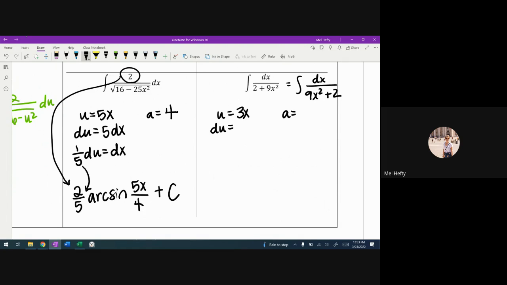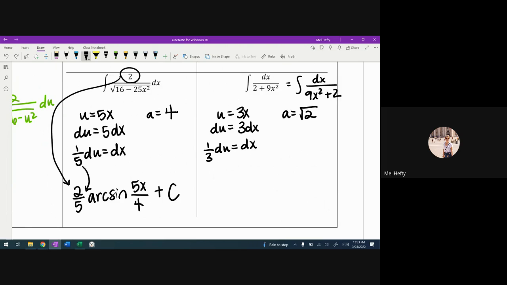What does that make du? 3 dx, and I'm going to keep the 1/3 over here. Now, I heard someone answering the question that I'm going to ask in a second. What's a? Good. We want whatever would give me 2 when I square it. So I need to take the square root of 2, since square root of 2 times square root of 2 gives me 2.